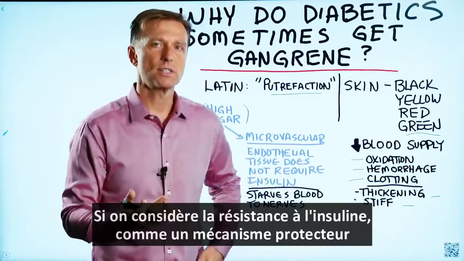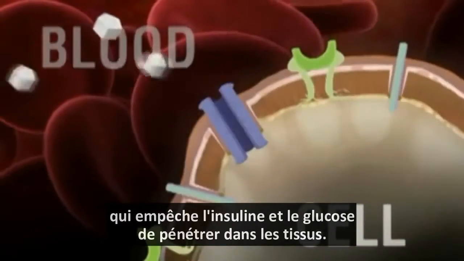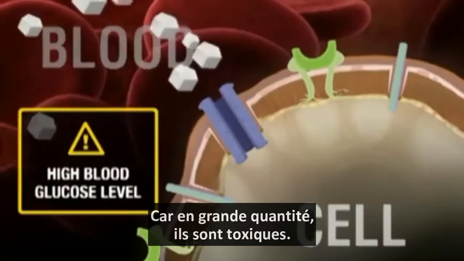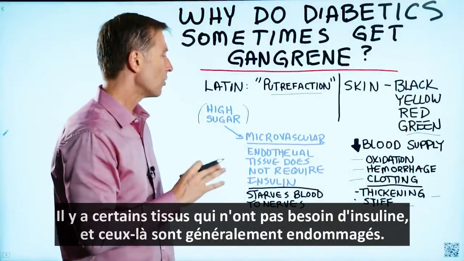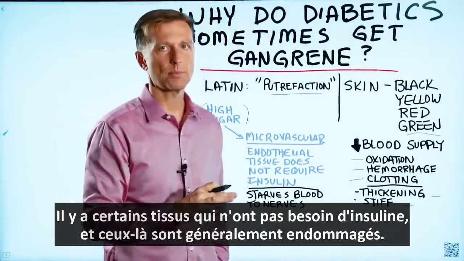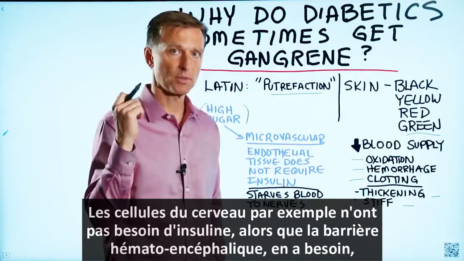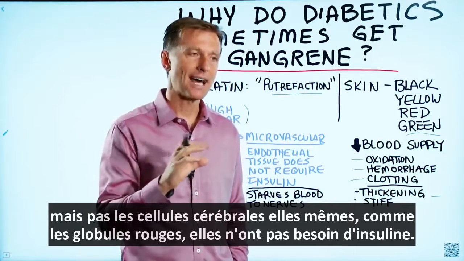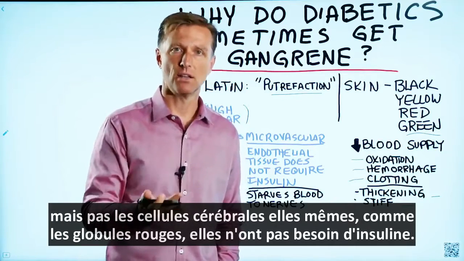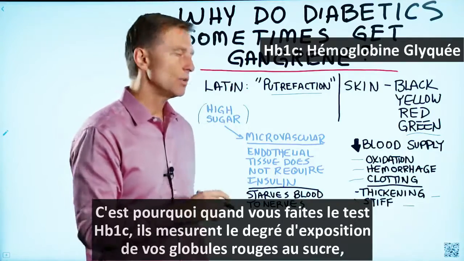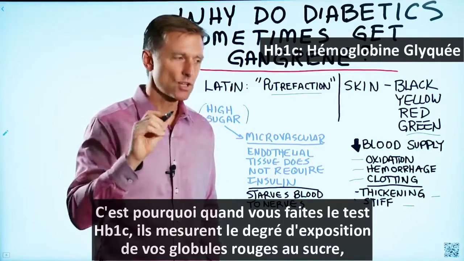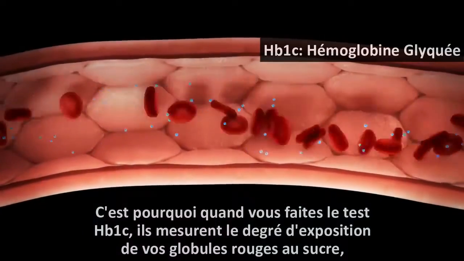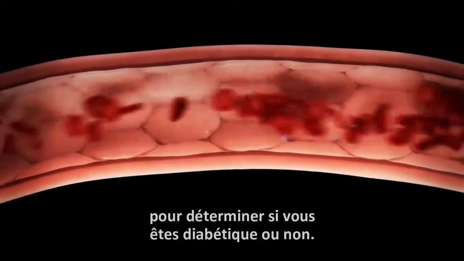If you look at insulin resistance as a protective mechanism to block insulin and glucose from going into the tissues because it's toxic at large amounts, there are certain tissues that don't require insulin, and those usually get hammered. The brain cells, for example, don't require insulin. You have the blood-brain barrier, which does, but not the actual brain cells. The red blood cells don't require insulin. And this is why when you get a test called A1C, they're measuring the amount of exposure of that sugar to the red blood cell to determine if you're a diabetic or not.